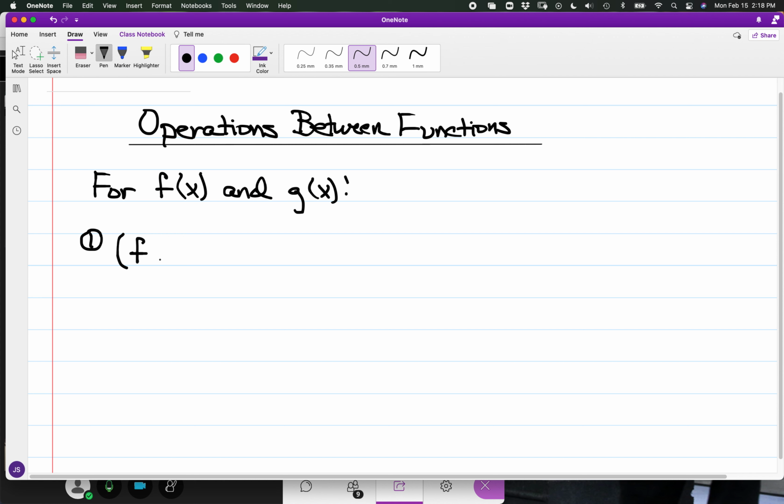but for the common ones, you have what's referred to as the sum function. The shorthand notation for the sum function is f plus g of x, and this translates to f of x plus g of x.